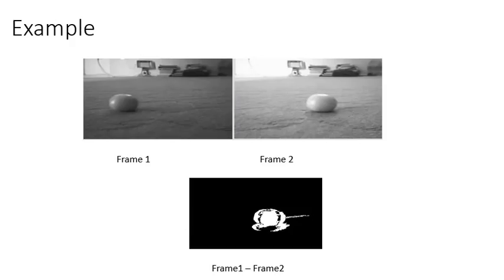Let us go to the example. Here in this slide, we can observe two frames that have different objects. In both frames, our aim is to extract the object through the difference method technique. Frame 1 is a bit darker than frame 2. Frame 2 is a little bit brighter than frame 1.